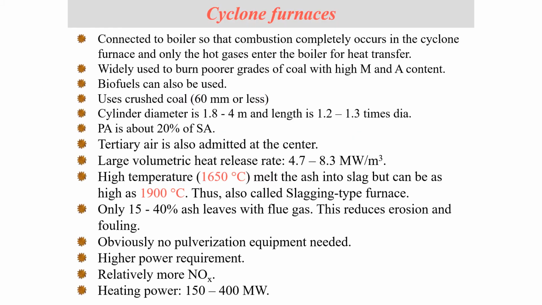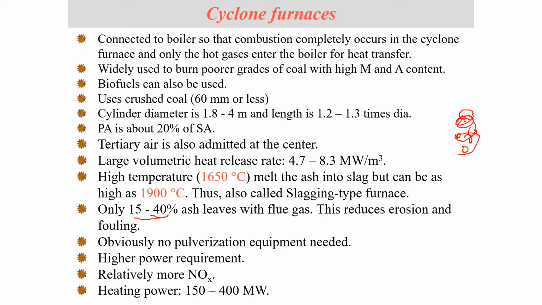In cyclone furnaces, what we do is we actually crush the coal to a reasonable amount, and we sort of make a cyclone of air and fuel. So this coal is burnt thoroughly, and we only get 15 to 40% ash leaving with the flue gas.